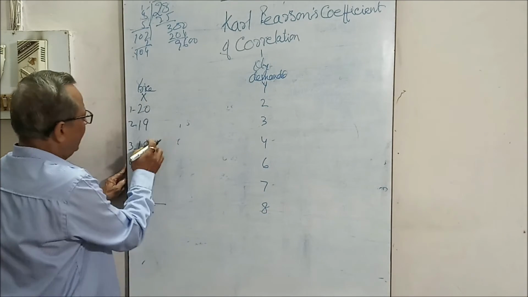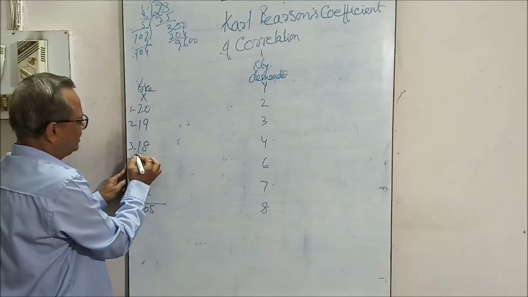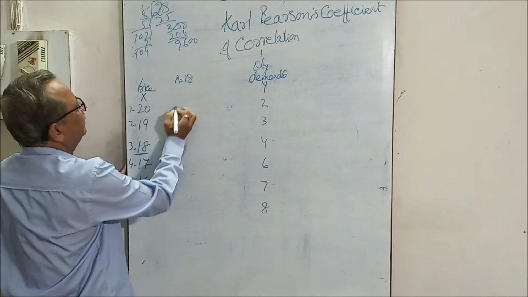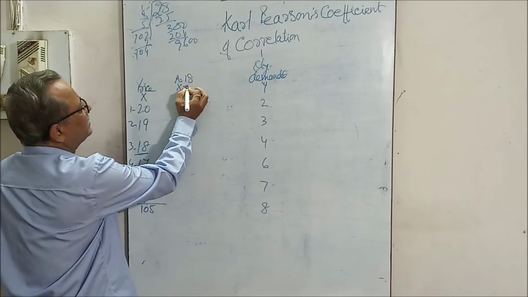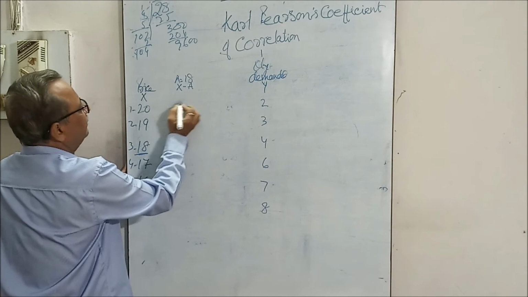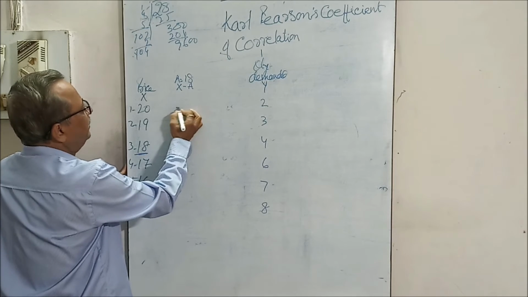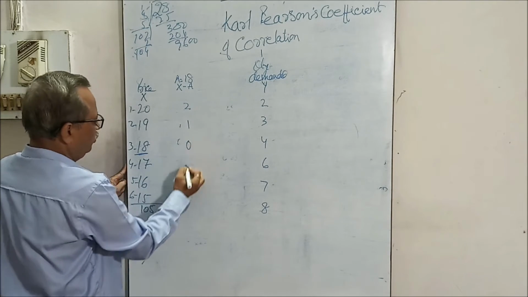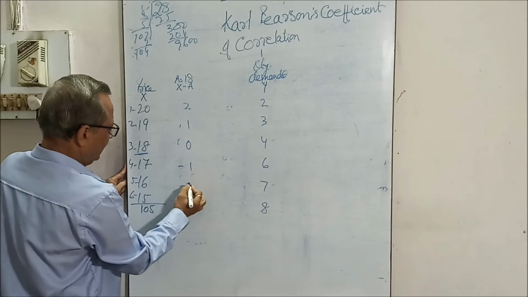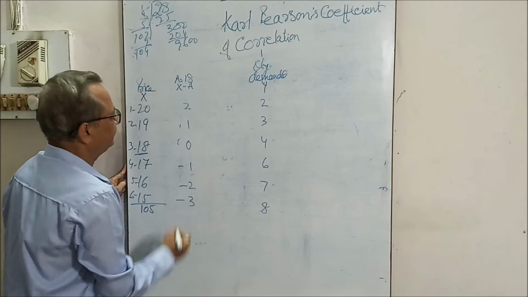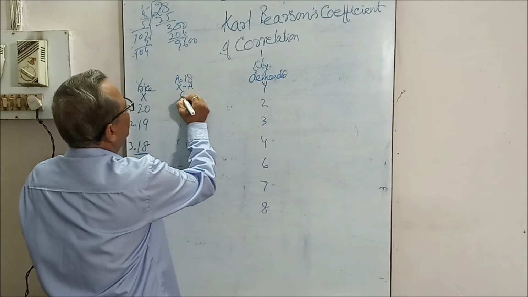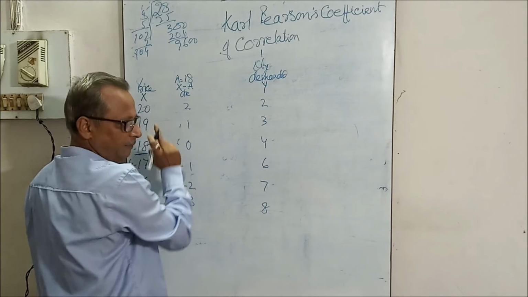Now first of all, assume any item as a mean. Suppose 18 is assumed. Assume mean is 18. Now find x minus a, that is 2, 1, 0, minus 1, minus 2, minus 3. This is called deviation from x.